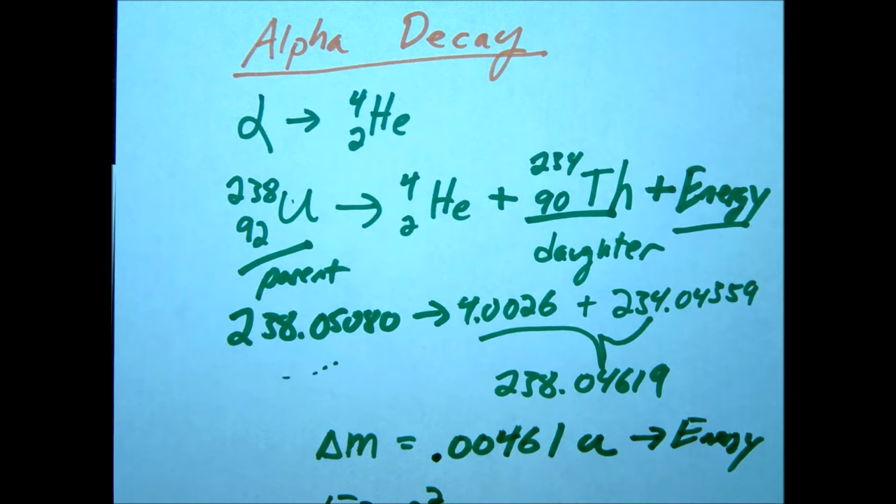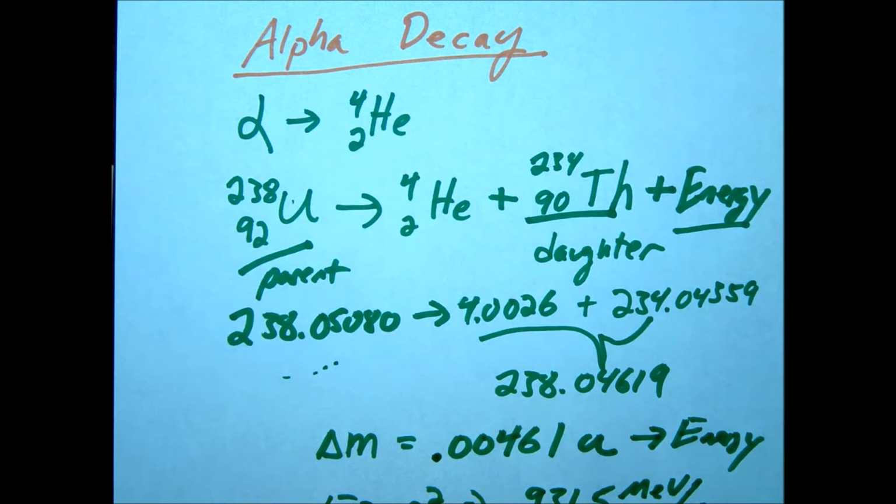If you want, you could do it the long way and do all your conversions. Or if you remember the conversion, 931.5 mega electron volts per u. So 1 u is equal to 931.5. If we multiply that by 931.5, we're going to get an amount of energy of 4.29 mega electron volts.